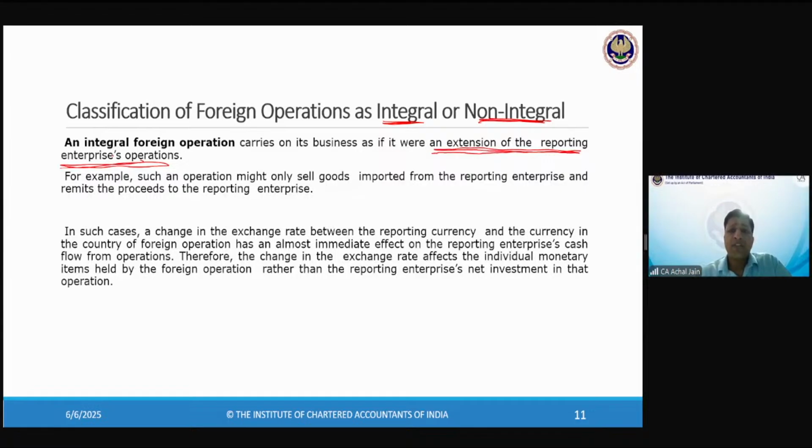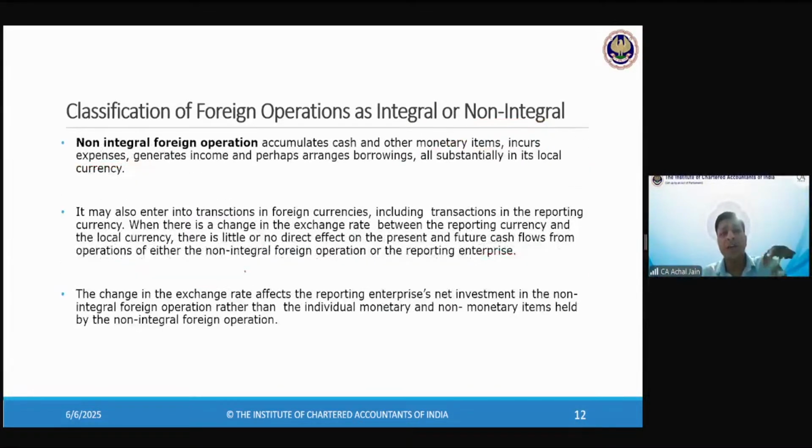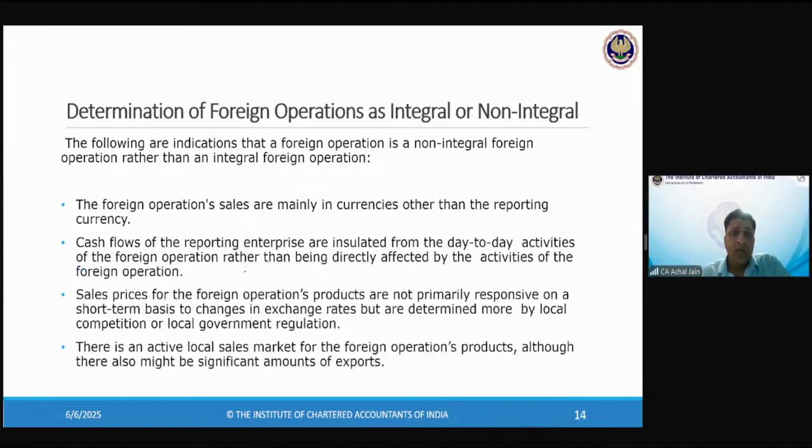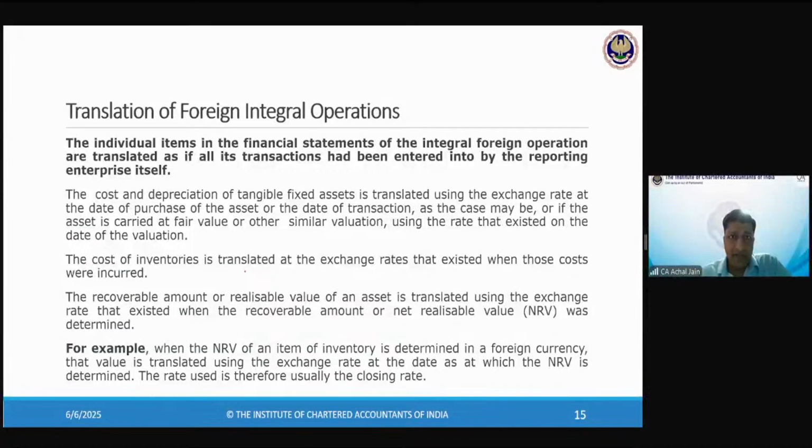That's why any change in the exchange rate affects individual monetary items held by the foreign operation. So it is considered as if it's a part of the reporting entity itself.